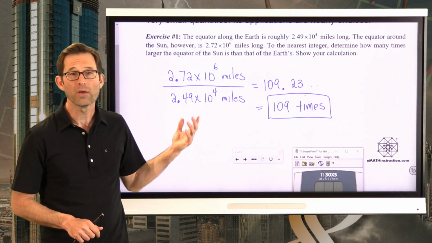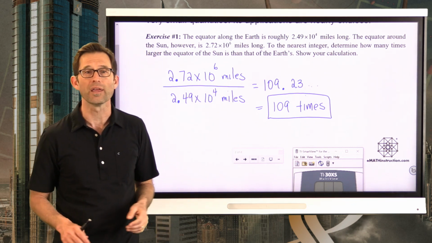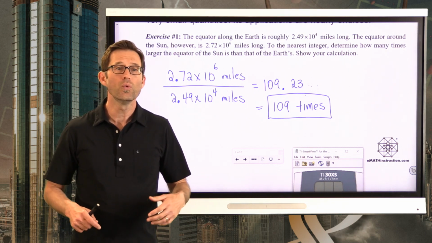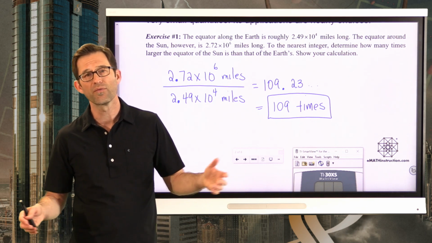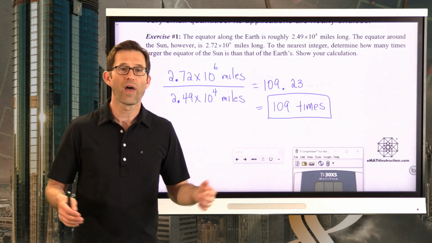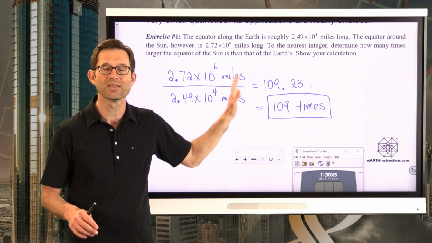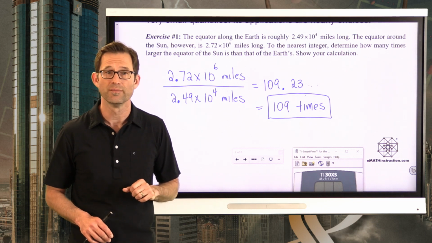Now again, we could do this with these numbers not written in scientific notation, but they'd be ugly. The equator of the Sun is 2,720,000 miles, and the equator of the Earth is 24,900 miles. Much easier to put those distances in scientific notation, and then easy enough to do the division.